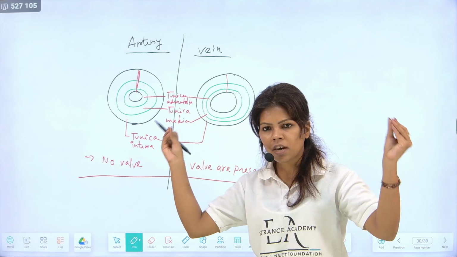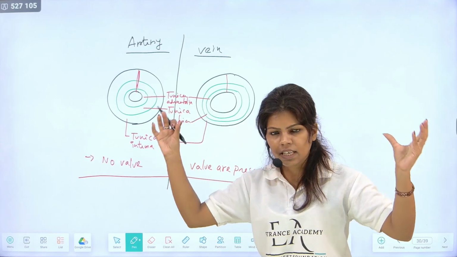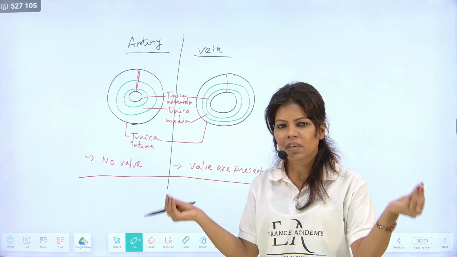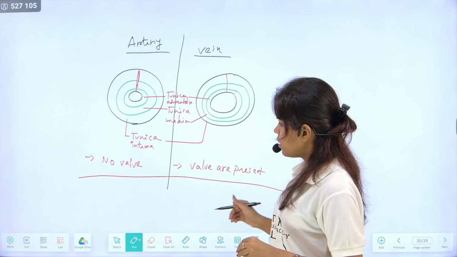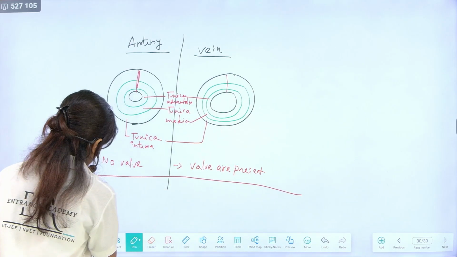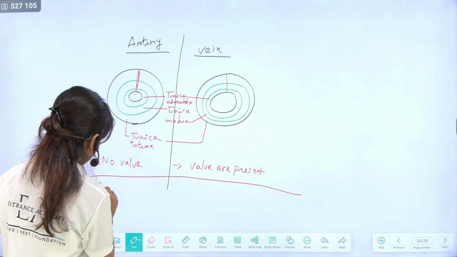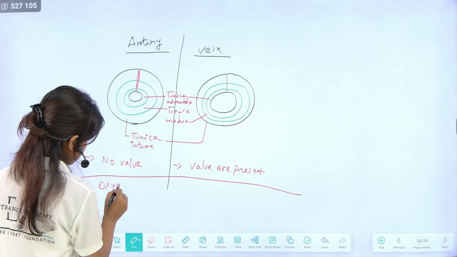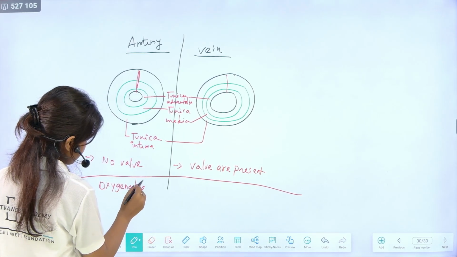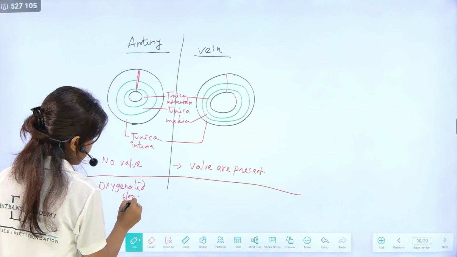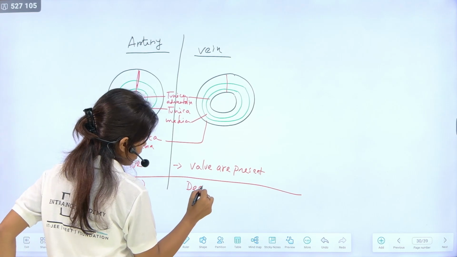From the different parts of the body, the vein collects deoxygenated blood and brings it to the heart. So the artery carries oxygenated blood and the vein carries deoxygenated blood.